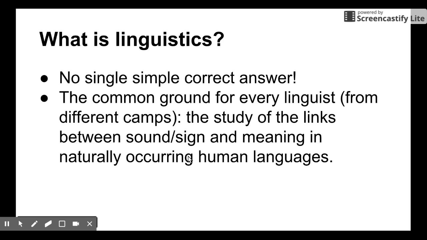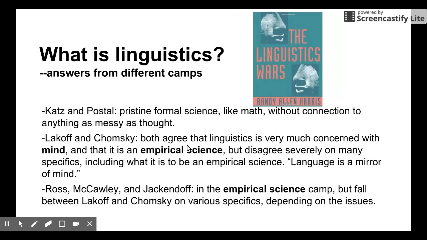So the common ground is that we try to study the connection between the physical sounds and signs, which one can hear or see, and the meaning conveyed by the sound or sign. We try to understand the links between the solid stuff and the abstract meaning.